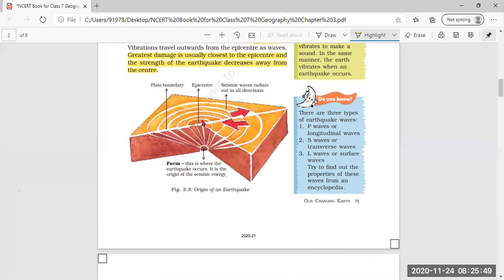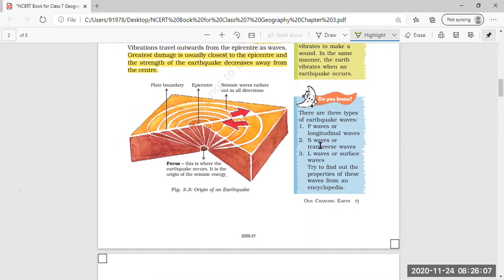These are the plate boundaries, and seismic waves radiate out in all directions.